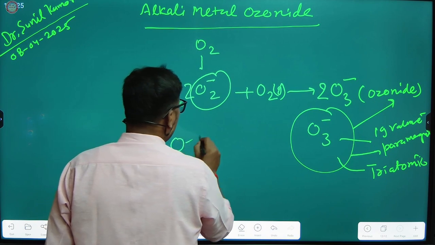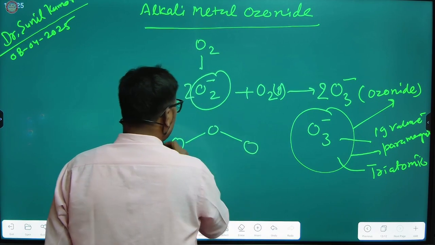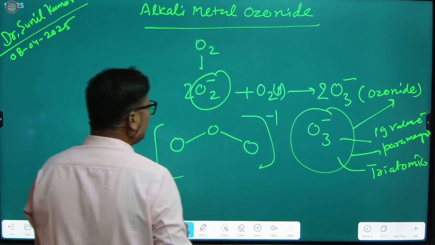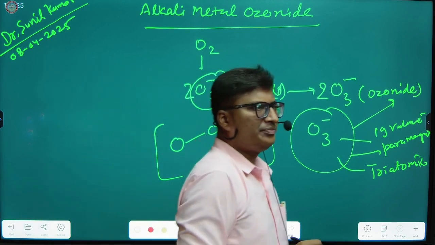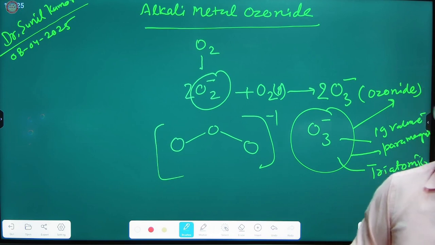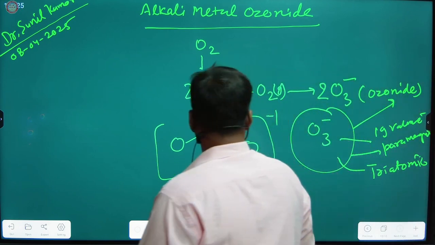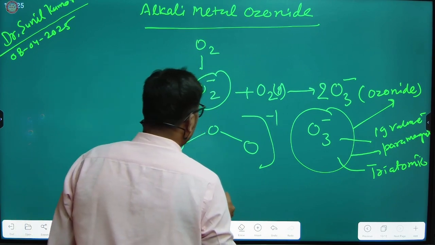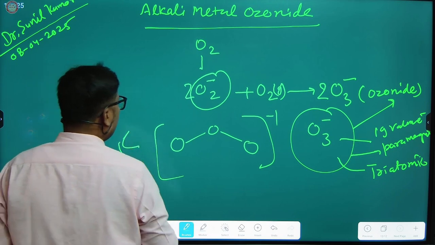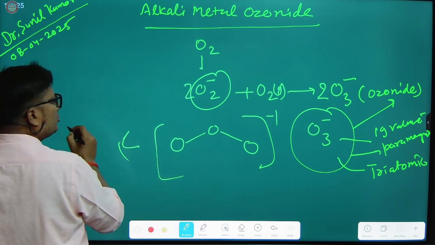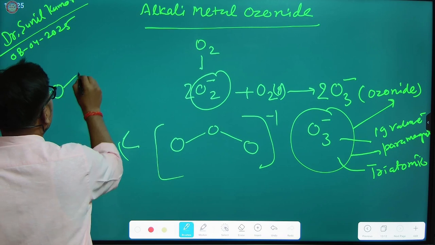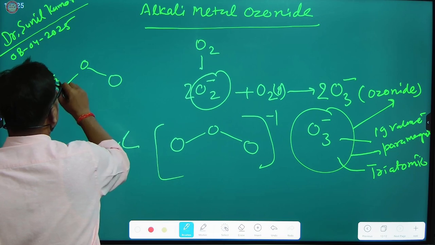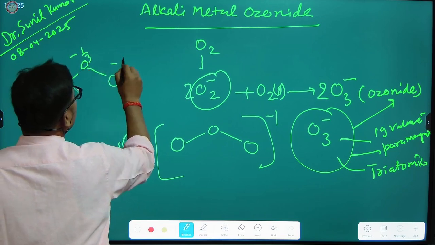OOO, with an overall -1 charge. It has a bent structure similar to ozone. This -1 negative charge will be equally distributed on each oxygen atom, so the resultant structure looks like that: -1 by 3, -1 by 3, -1 by 3.